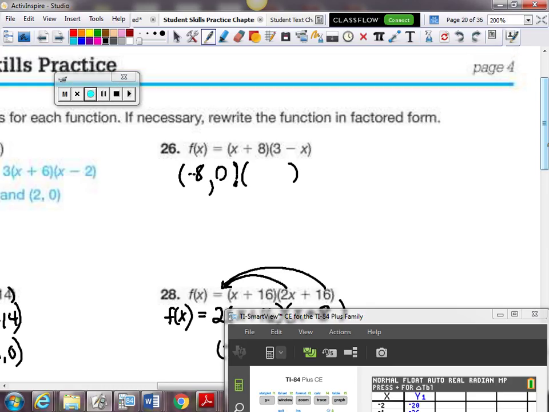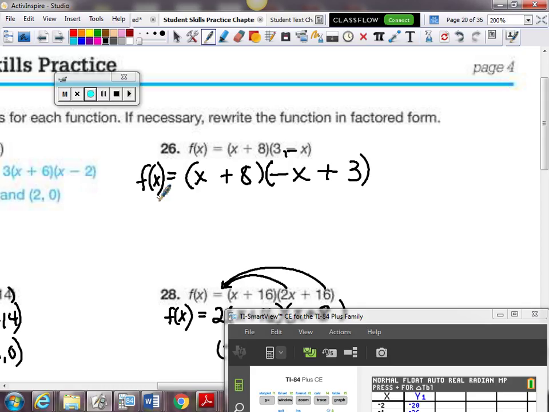All right, 26. Said we're going to come back to that one. Let me start this one over again. Okay, so x plus 8 is fine, but this second one is in a weird order. It says 3 minus x. So we're going to change that around to be negative x plus 3. Like I said, you don't want any kind of coefficient or sign in front of your x's within the parentheses for factored form. You want that out.